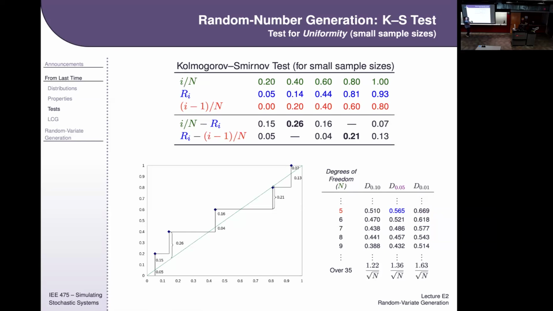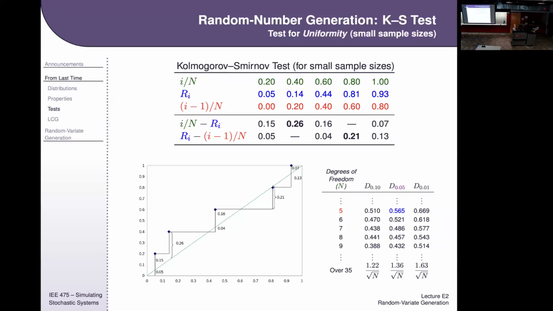So by sorting our data, these are the data values here, and these are their ranks divided by n. You can see the first number is 0.05, and that's 0.05 there. The second number is 0.14, and that's 0.14 right here. And this is its rank divided by n.